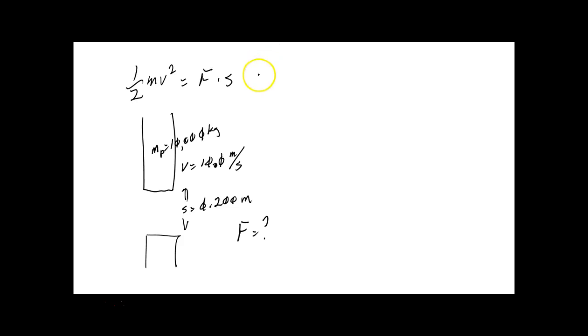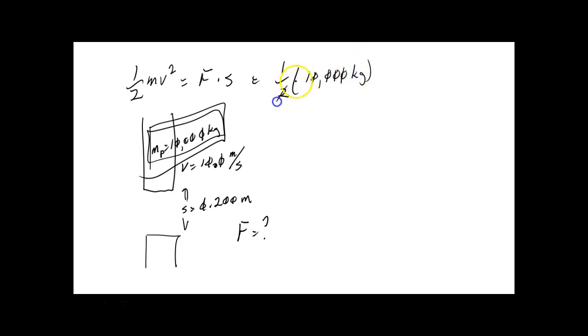Well, here we have 1/2 times the mass, which was 10,000 kilograms. That's a huge mass. Now we are going to take half of it, so I'm going to make that 5,000, times the velocity squared. Well, the velocity was only 10.0 meters per second, but we're going to square that.